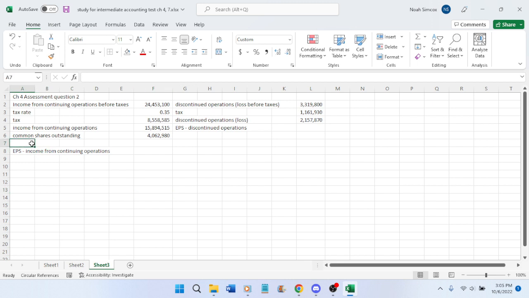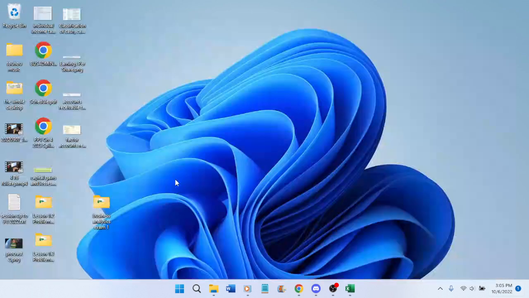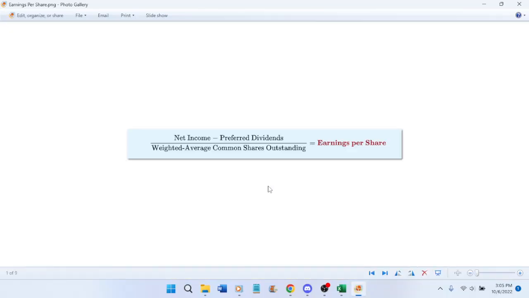So preferred dividends is... Oh wait, is it preferred stock or preferred dividends? I forgot. Oh boy, this is where I have to look something up here. I would have been totally screwed if I didn't know this for the test.